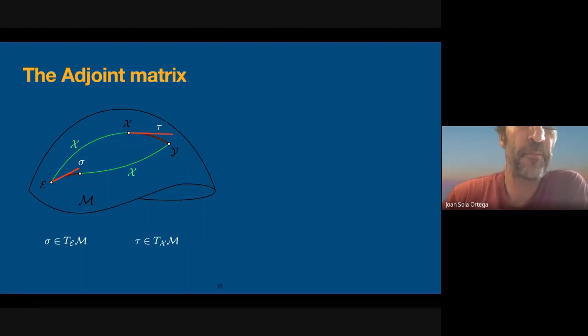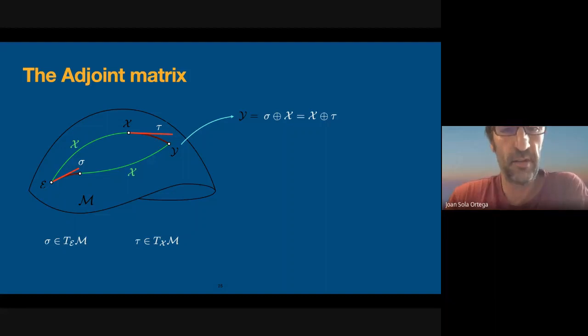And then you add on top of X the tangent vector tau, all right? So the element Y, X plus tau, is X times the exponential of tau, all right? But you can also get to Y following a second path. That means taking a tangent element at the identity and then composing with X, right?